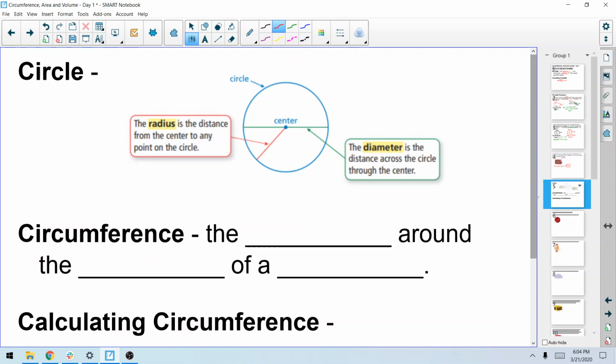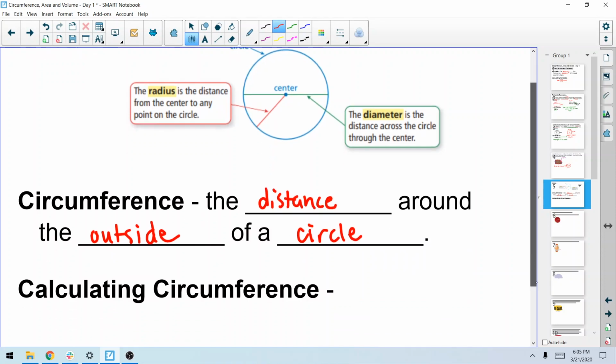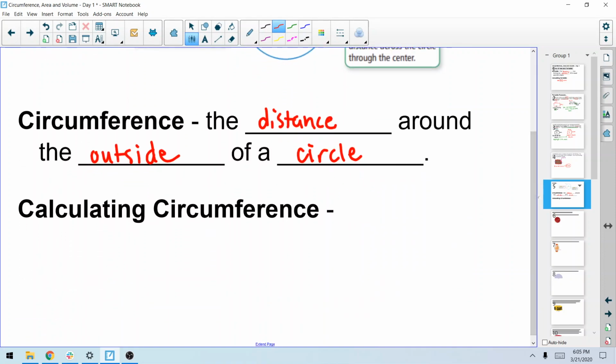So, circumference is the distance around the outside of a circle. Which, if we're thinking about it, the circumference is just the perimeter of the circle. Calculating circumference of a circle, 2 pi r.